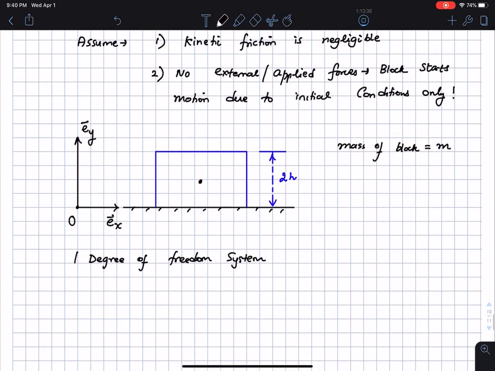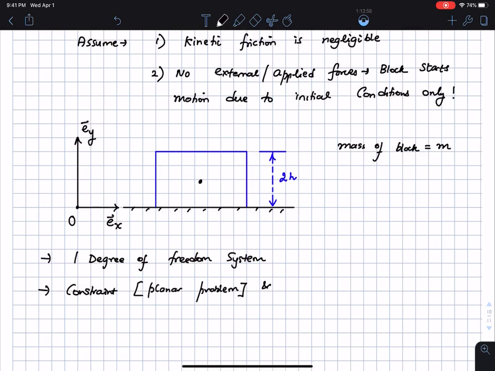What are the constraints? We are looking at a planar problem. And the constraint is that the height h is a constant.